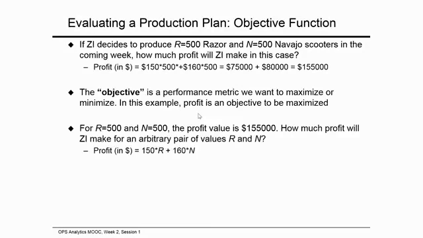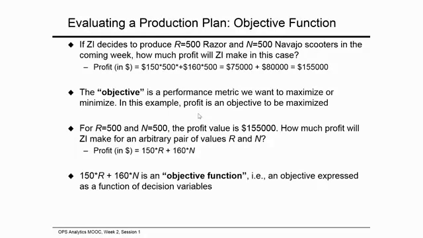It is important to remember that once we decide upon values of the decision variables, we should be able to calculate the value of the objective. For example, if the number of Razor scooters produced is R and the number of Navajo scooters produced is N, the achieved profit value will be 150 times R plus 160 times N. The formula that expresses the objective as a function of decision variables is called an objective function.